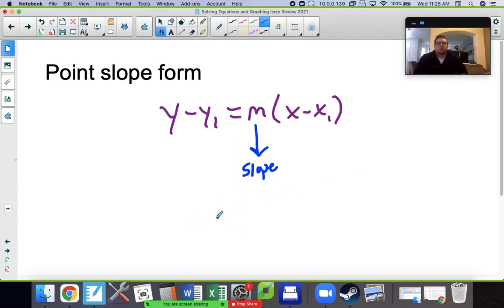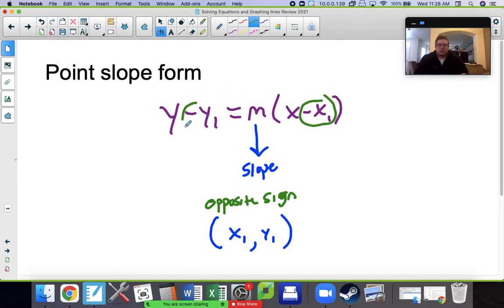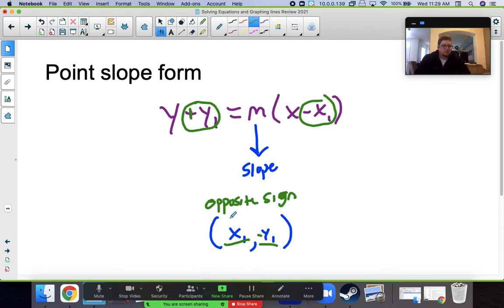But then we get a point, x1 comma y1, where we have to remember to take the opposite sign. So very clearly up here, it's a negative x1, it's a negative y1, but down here, we write them as their opposite sign. If it was a plus up here, it'd be a minus down here.